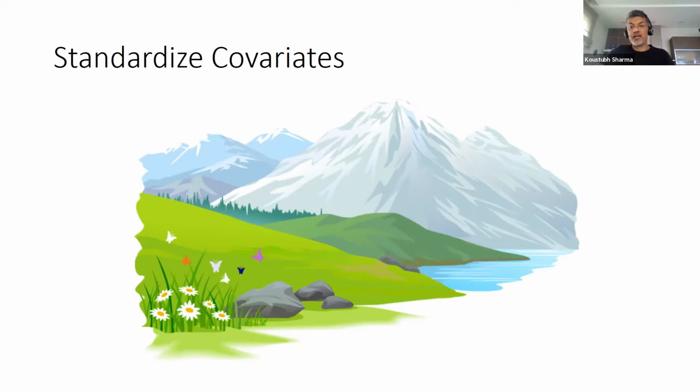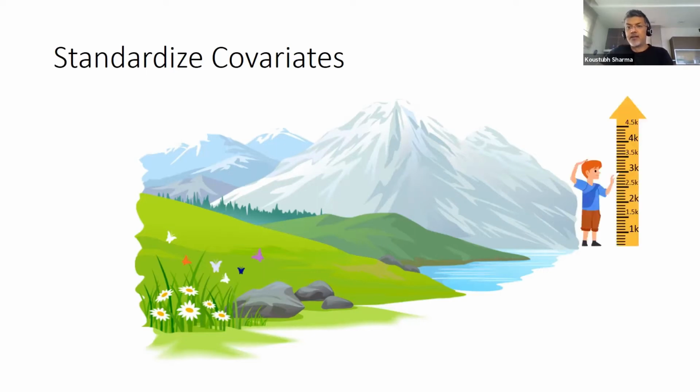It is important because each covariate is likely to vary between different ranges. In this case, altitude is varying between, let's say, 500 meters to 4,500 meters. So the range is in hundreds, right?